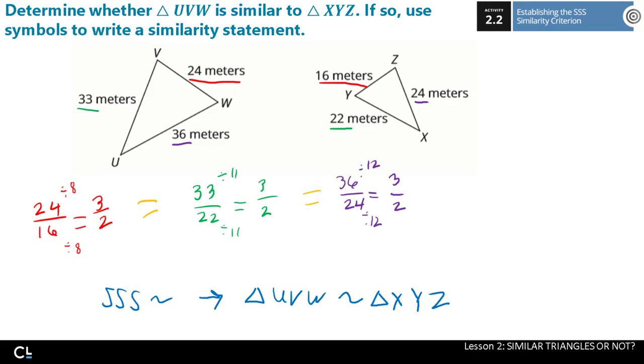So if we put one over the other, and we do that for each pair, they're going to equal the same thing, right? So 3 over 2, or 1.5. 3 divided by 2 would give me 1.5. 1.5, 3 over 2, that's my scale factor for this situation, right? Awesome.